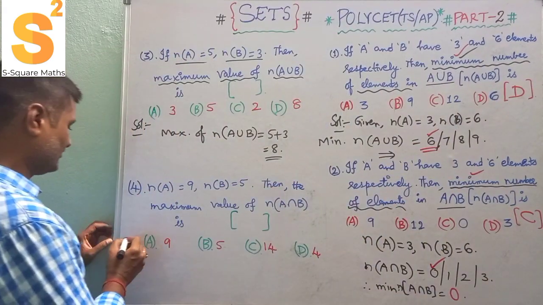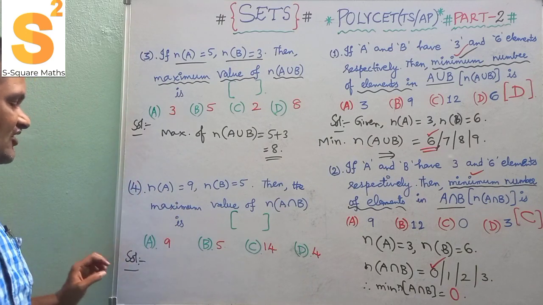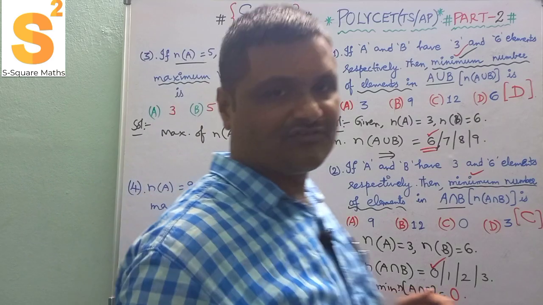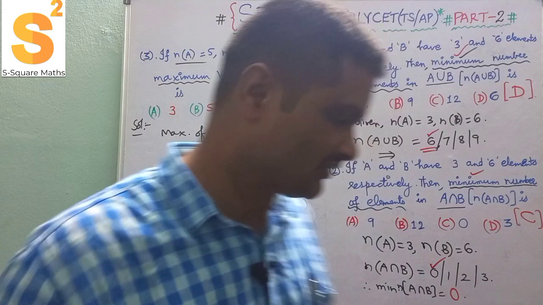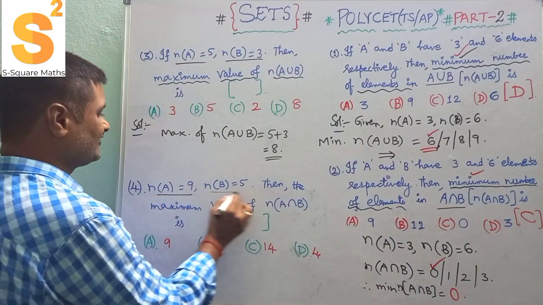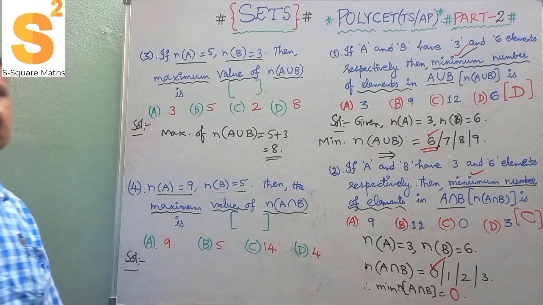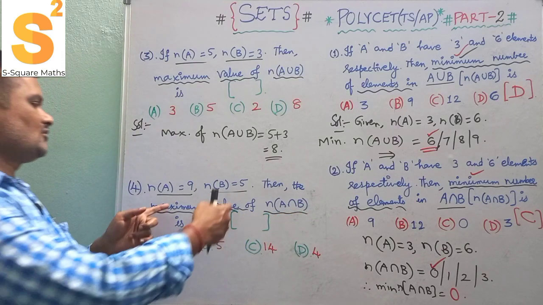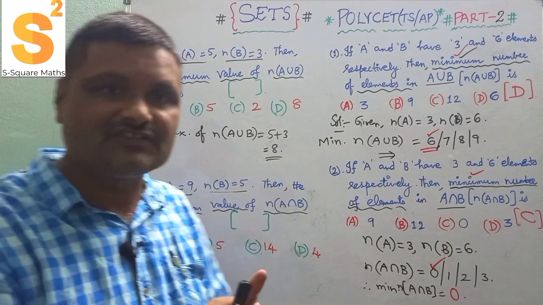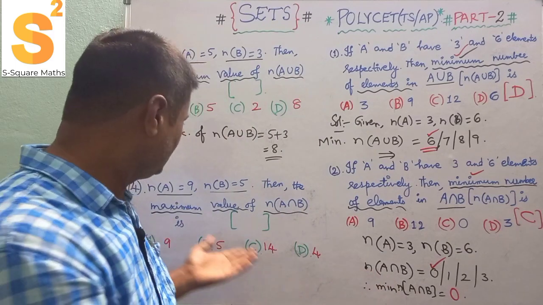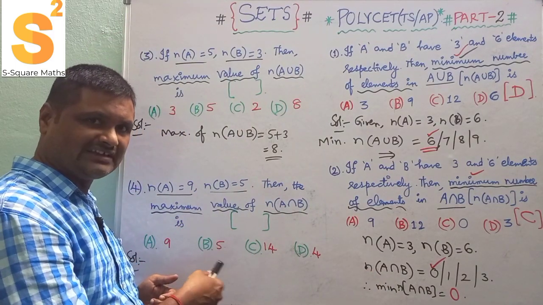Next, for the fourth one, n of A is given as 9 and n of B is given as 5. They ask for the maximum value of n of A intersection B. Suppose they are disjoint sets, you are not going to get any common elements here: 0, next 1, next 2, next 3.